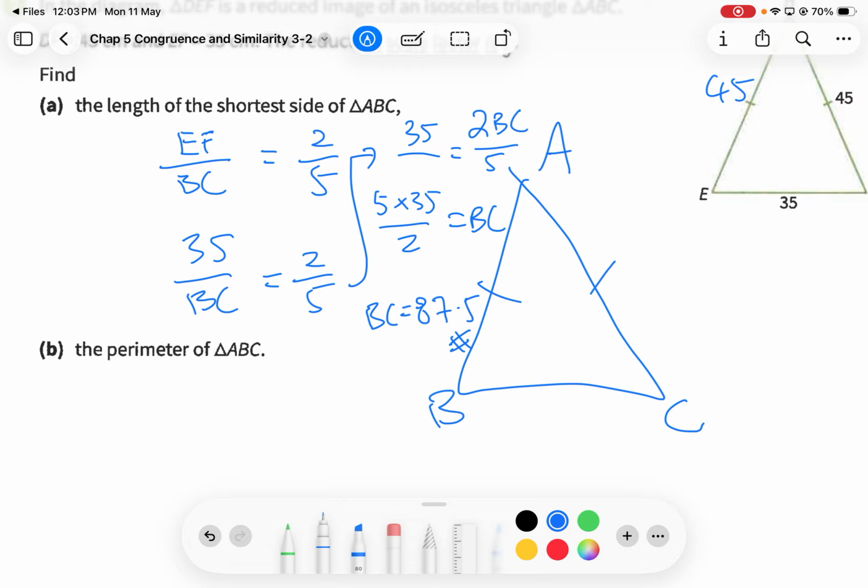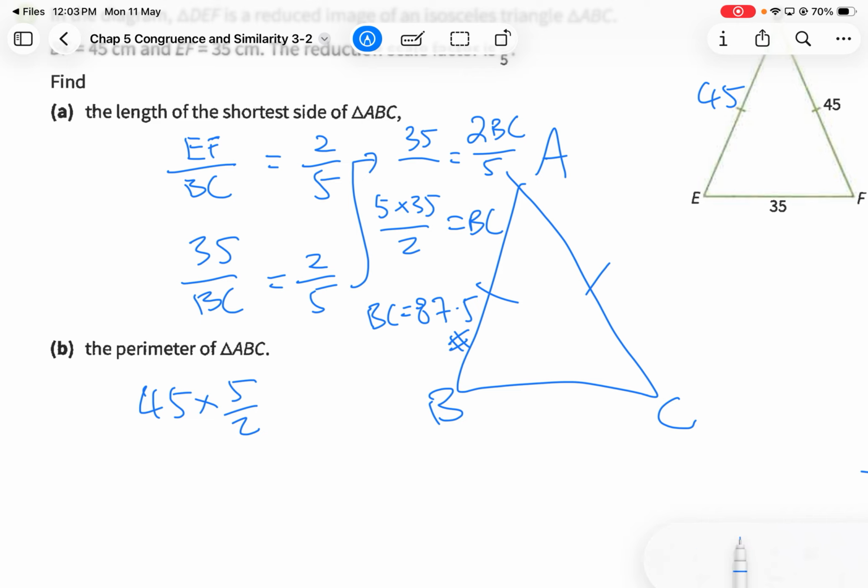Okay? So similarly, I want to find AC. I will take 45 multiply 5 over 2. Can you see? Actually, I am multiplying 5 over 2.